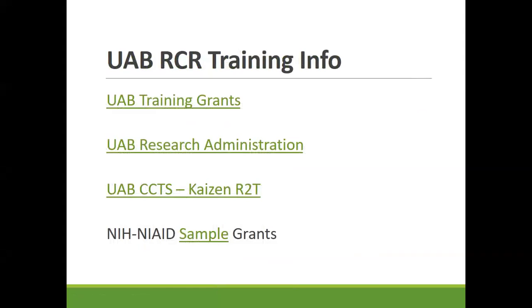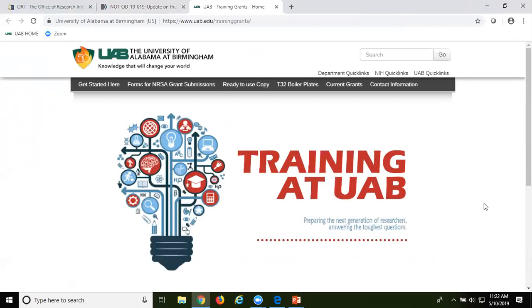So what do we have here? First we're going to look at that language as you were asking. There we go. We have built out a training grant website that has a ton of information, both for trainees as well as faculty. A lot of these are centered on NRSAs, which are those T32s or the F awards, F30, F31, and F32s.